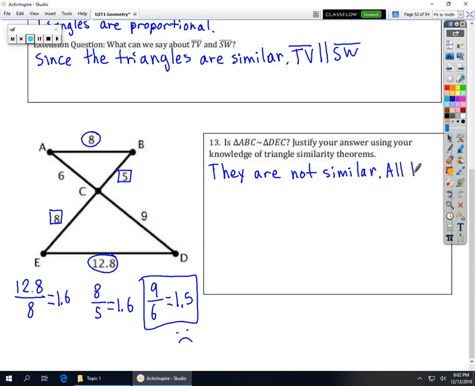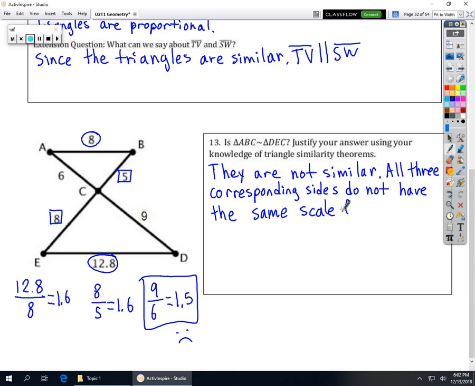All three corresponding sides do not have the same scale factor. So if one side is even off, it breaks similarity.